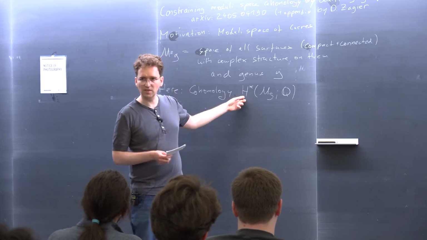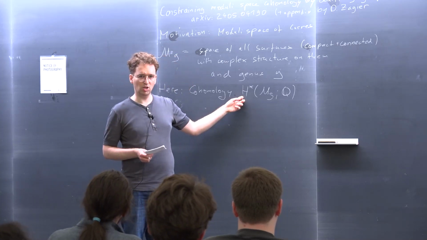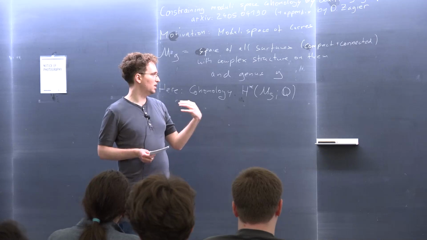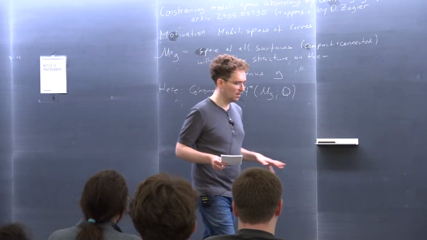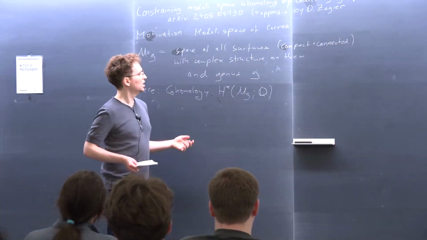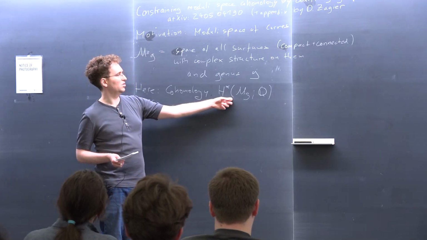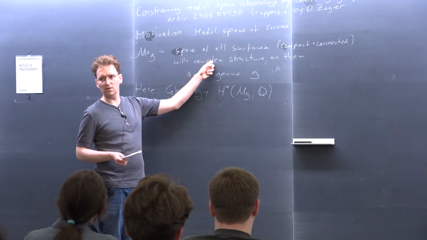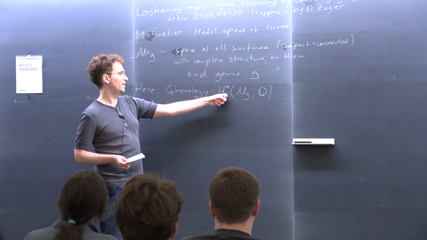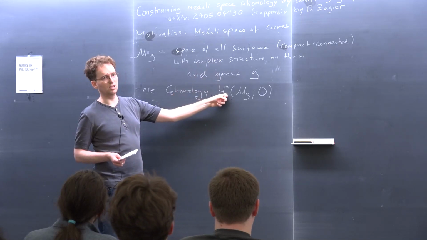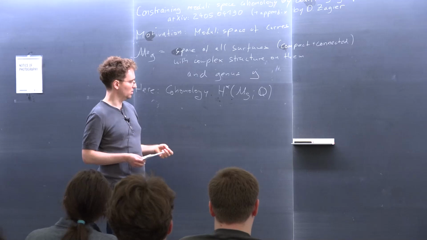These are all vector spaces in this case with rational coefficients, and the generators of these vector spaces kind of correspond to holes in this moduli space, and they are graded by their degree, and the degree corresponds to the dimension of these kinds of holes.